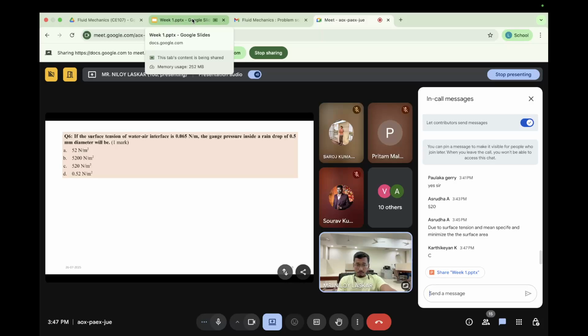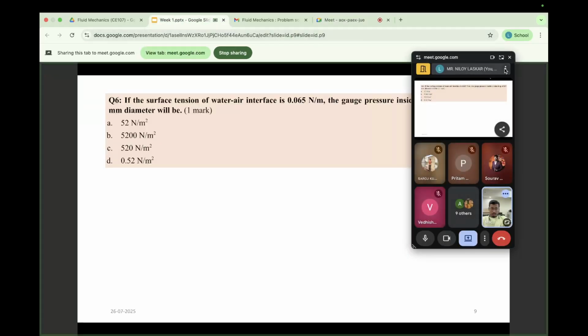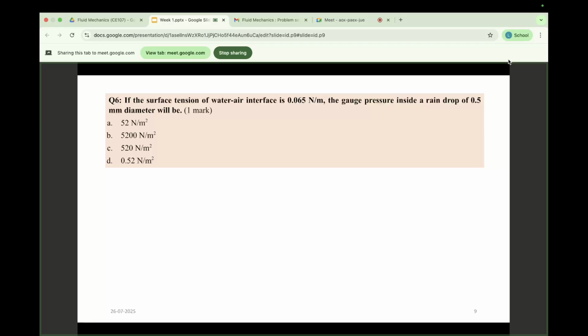So let us start with this solution. As I said, what is a liquid droplet? A liquid droplet generally experiences internal pressure due to surface tension.